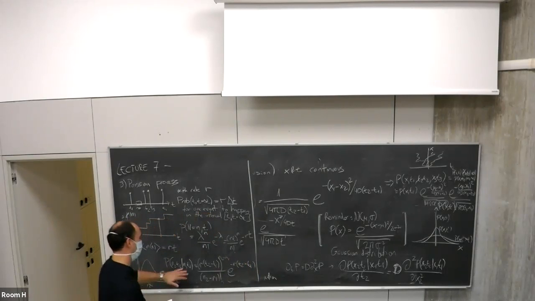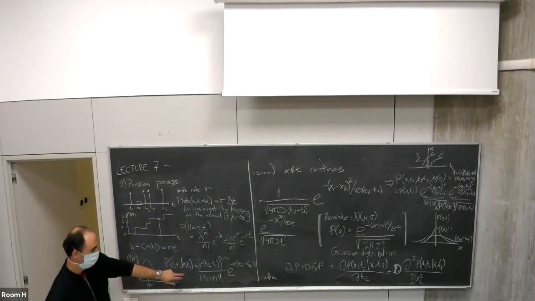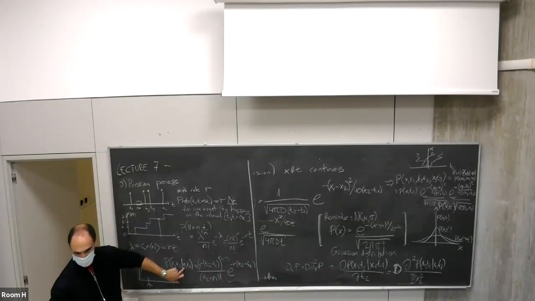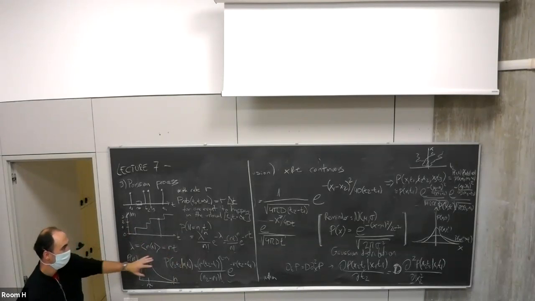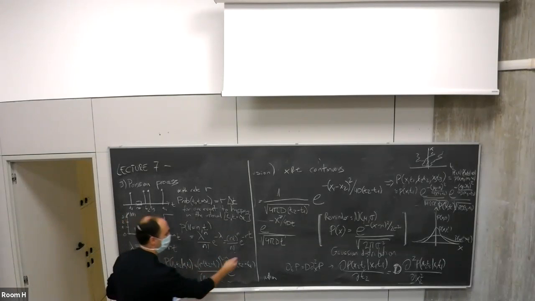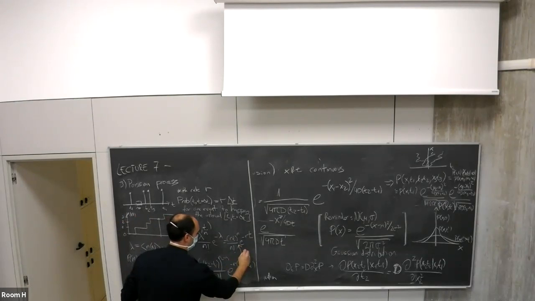This is in its full generality. When you put T1 equals 0 and N1 equals 0, it is like conditioning, and it will give you this one. This is what you get when you make T1 equals 0, N1 equals 0, T2 equals T, N2 equals n.